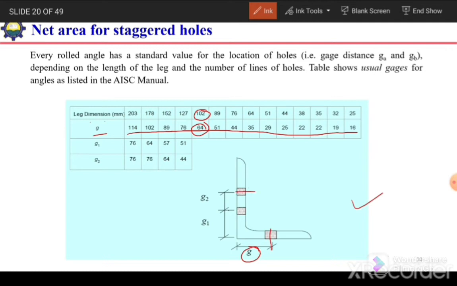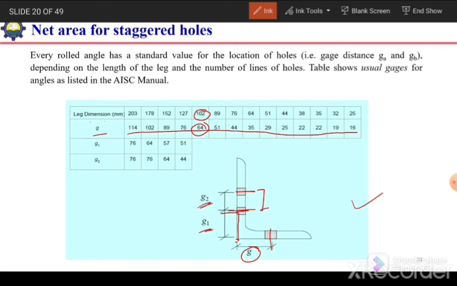And if we have more than one bolt, the first distance from this edge up to the center of the first bolt will be G1, the first gauge length, and then the distance between the centers of the next two bolts will be G2.